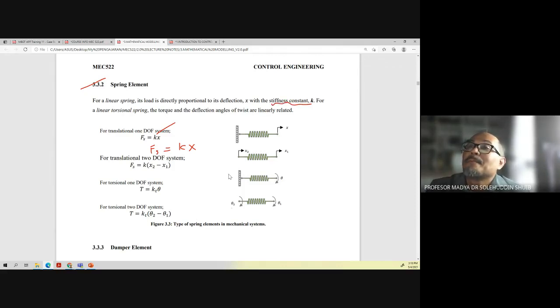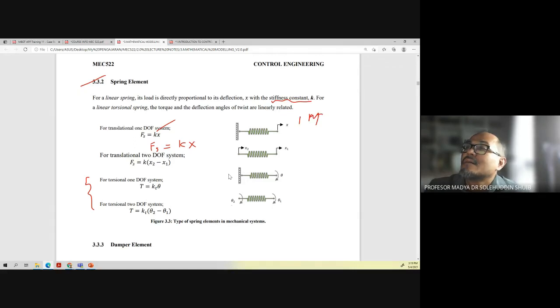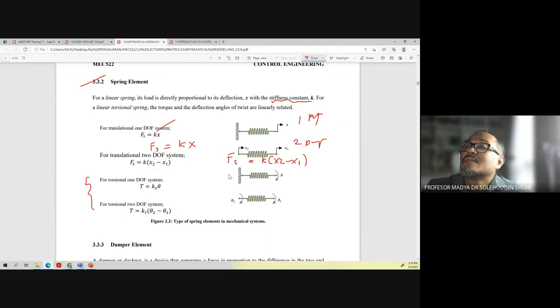So for a linear torsional spring, okay, this is for torsional spring. And this one again for 2 degree of freedom. We have 2 degrees of freedom. This is 1. This is 2 degree of freedom. So you can write the system as the following, which is k times x2 minus x1. Yeah? This is the spring force of the spring.